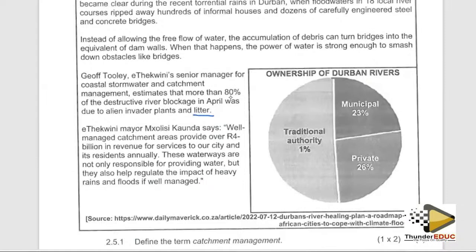Let's check again here. Okay, debris. Right.